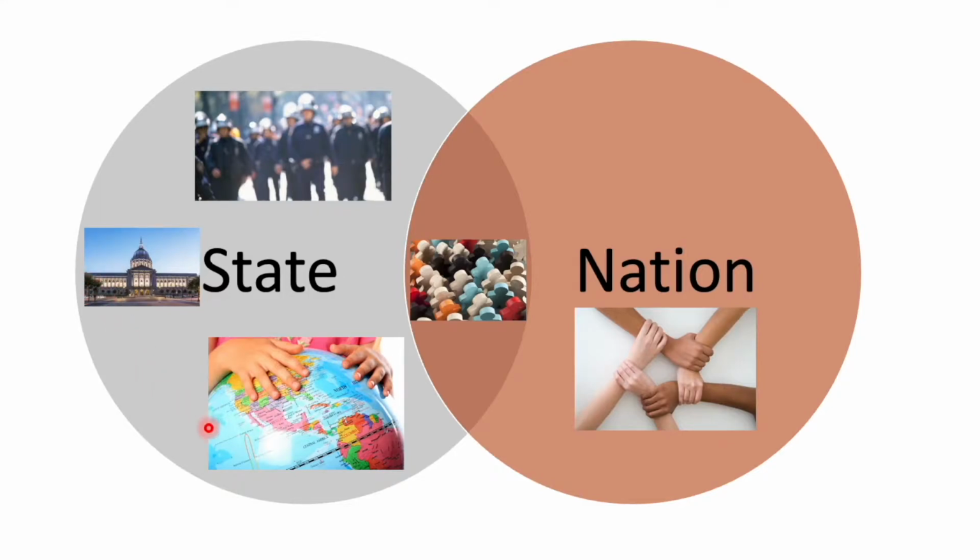A state is also defined as a sovereign territory. That means there are clearly defined borders, the territory that these people live in, and that this government is allowed to rule over. Who allows that government to rule over them? Basically, other states. So that's what we mean when we say a sovereign state is internationally recognized.